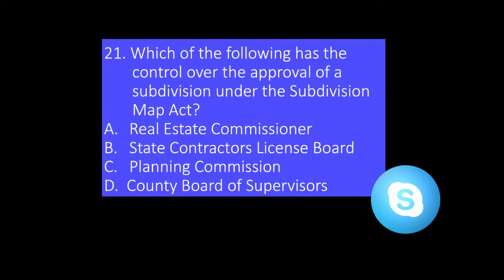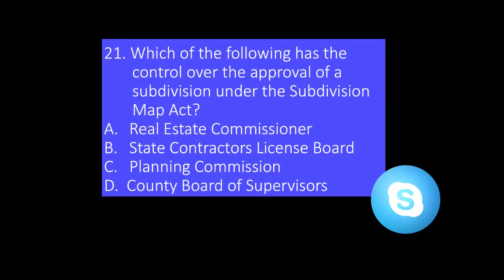I eliminate the real estate commission because it has nothing to do with dividing land or subdividing a map. I'm getting rid of the state contractors license board because that is just a board for contractors. So I eliminate A and B. Okay, approval of subdivision, so I leave behind C and D.